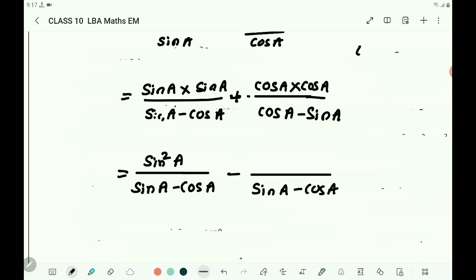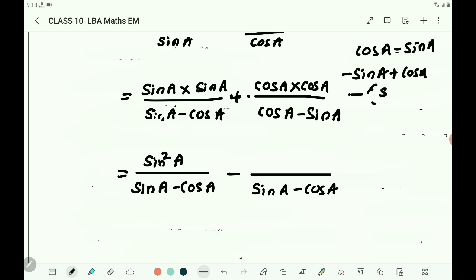You know that cos A minus sin A, that is minus sin A plus cos A. To have minus sign here, as in the sin A minus cos A, we have to take minus outside.